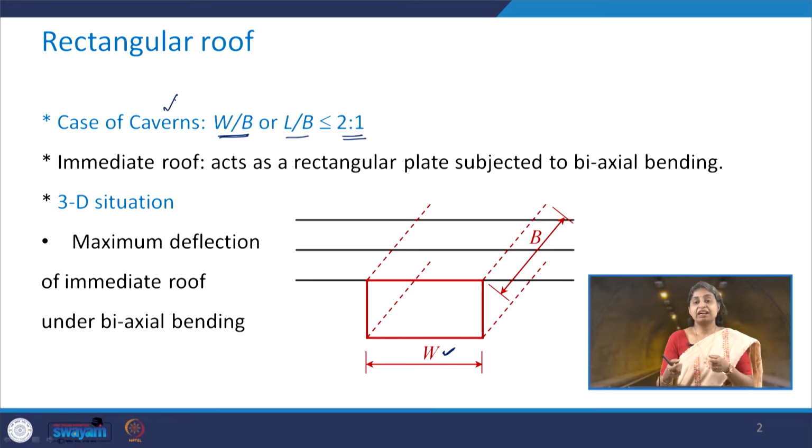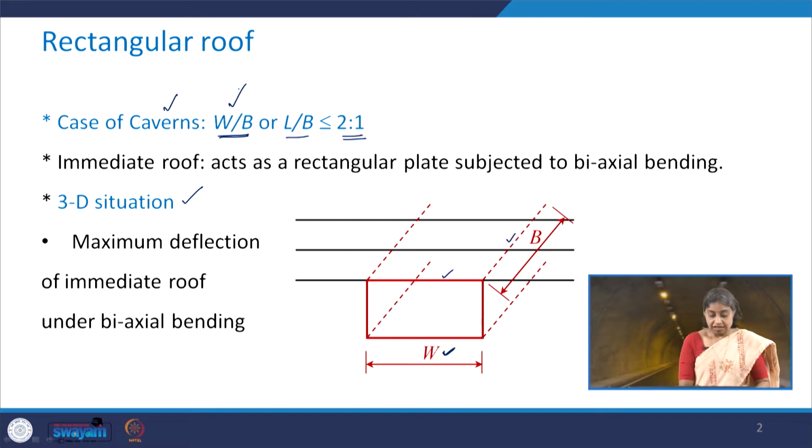That means the bending will happen in both directions, in this direction as well as in this direction, and therefore one cannot use the theory of beams because it becomes a 3D situation. So one needs to go for the theory of plates while analyzing openings having W by B less than or equal to 2:1.